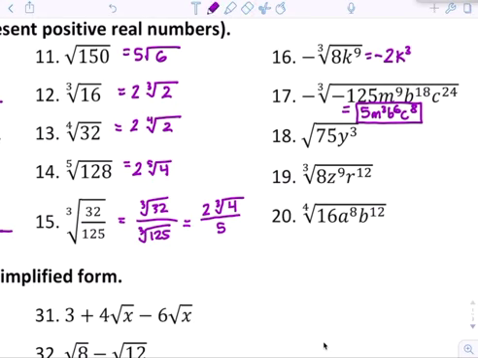Okay, 18, it's a square root, right? So that means we've got to find pairs. So this one, 25 times 3, 5 times 5. So we found a pair of 5s, which means that gets to come on the outside. Square root.